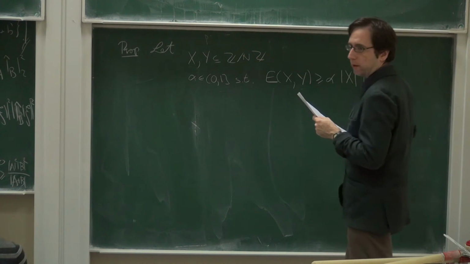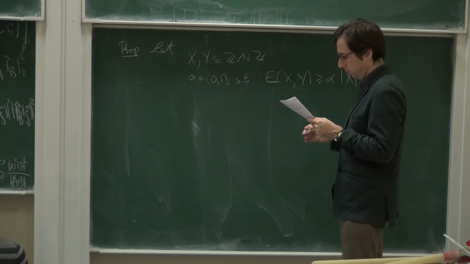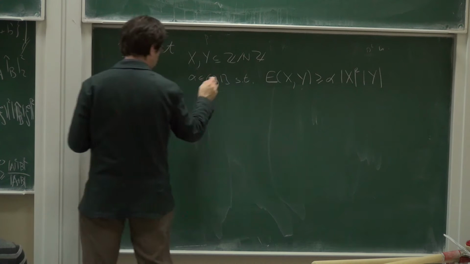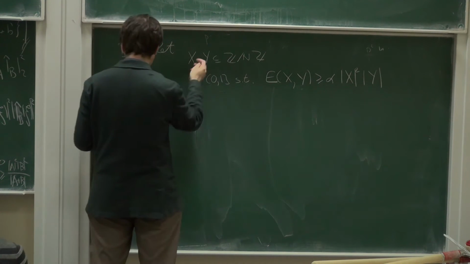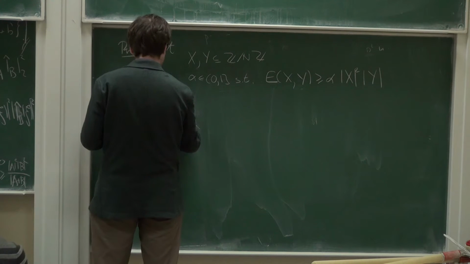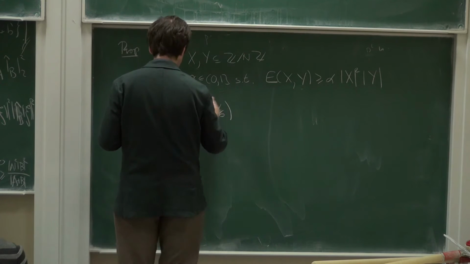Of course, |X|^2|Y| is the maximum the energy could ever be. So alpha is at most 1, but this is going to be useful when alpha is something like 1/100th or 1/10th or 1/3. So it's something to be used when the energy is relatively large.